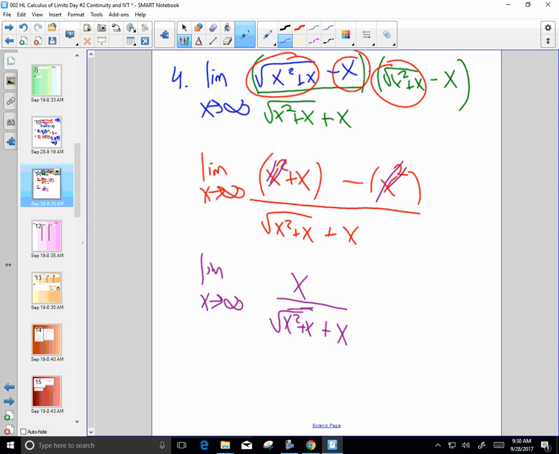Now, this part here, what does that kind of boil down to? What's the greatest exponent of x there? x squared, right? And in the root, does this x do much to this when we go to infinity?